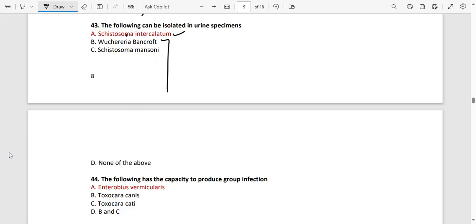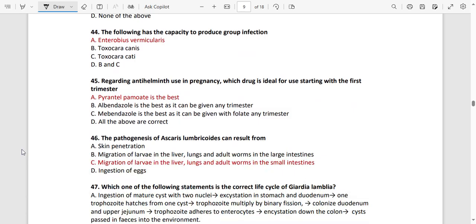Number 44. The following has the capacity to produce group infection. Okay, group infection.